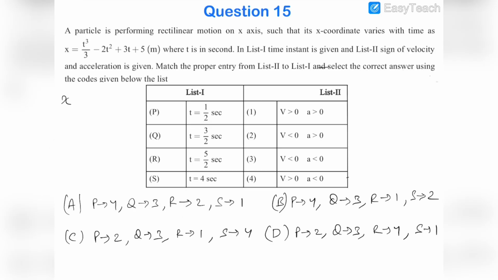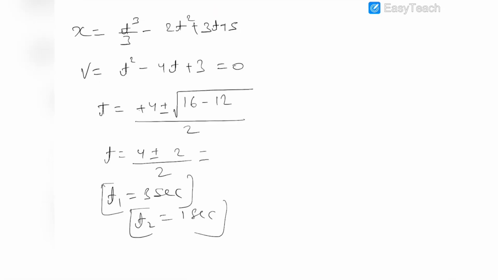Now let us analyze that. First of all, let us also write down the acceleration. So acceleration is 2t minus 4. Now, when acceleration is 0, t is equal to 2 seconds.